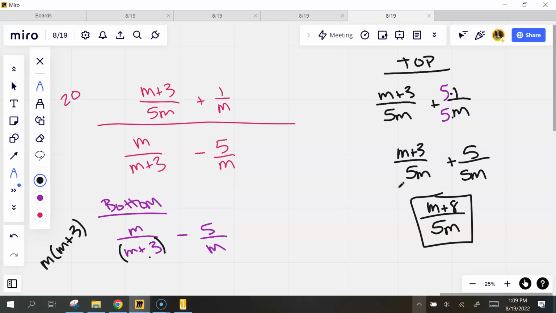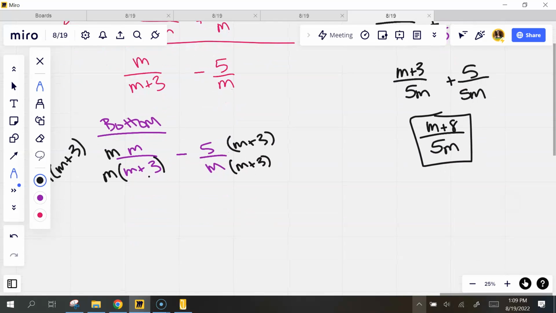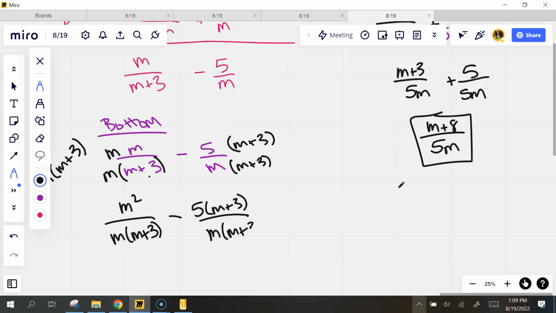That means this one needs an m, and this one needs an m plus 3. So I have m squared over m times (m plus 3) minus 5 times (m plus 3) over (m plus 3).